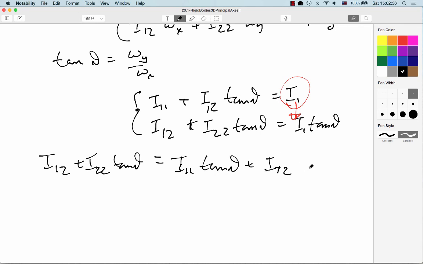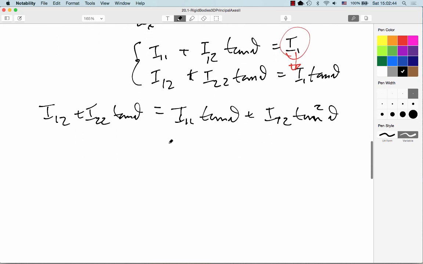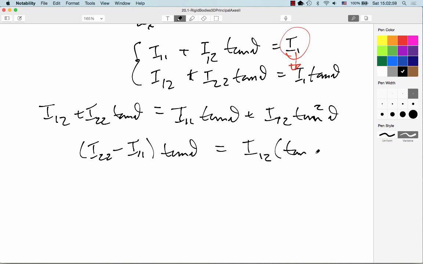Now I got two powers of tan theta, one from here, one from there. So tan squared theta. All right, so I can rearrange. I'll have I22 minus I11 times tan theta equals I12 times tan squared theta minus 1.